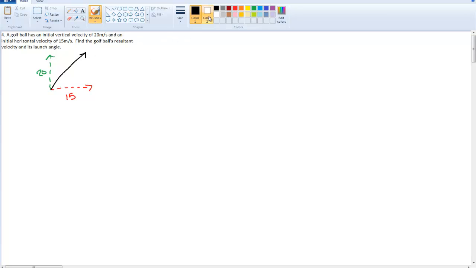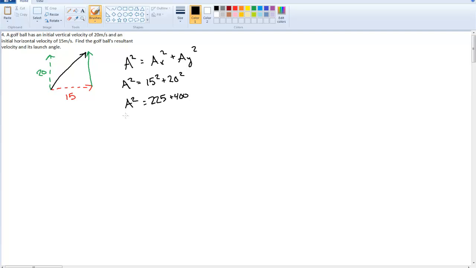Well, again, we're just going to use Pythagorean theorem because the vertical there is kind of like the vertical here. So in this case, the resultant squared is equal to the horizontal squared plus the vertical squared. So that's going to be a squared equals 15 squared plus 20 squared, 225 plus 400.